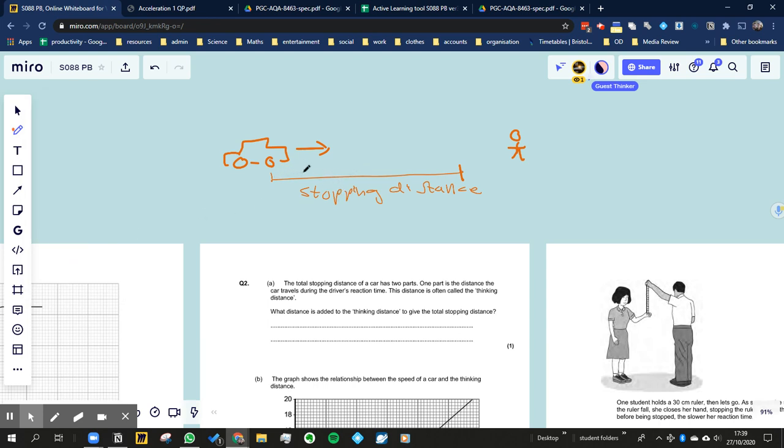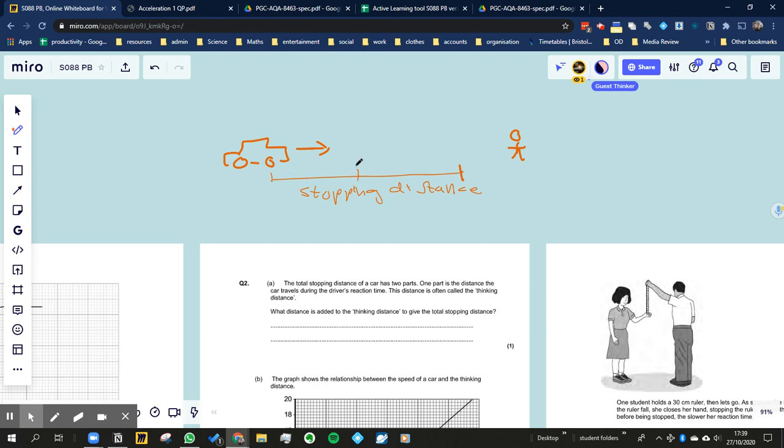Let's say it was a really icy road, then he puts on his brakes but carries on sliding, or maybe his brakes aren't very good, or the wheels aren't very good, or it's loose gravel or something like that. That is providing he's already applied his brakes, but then there's another distance before that.